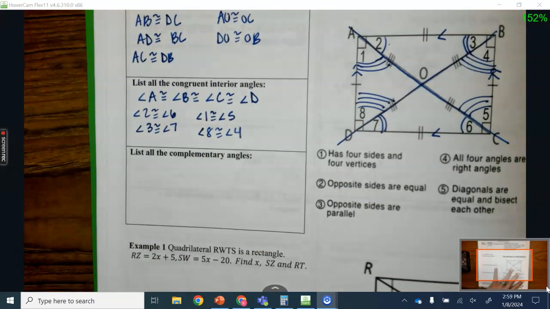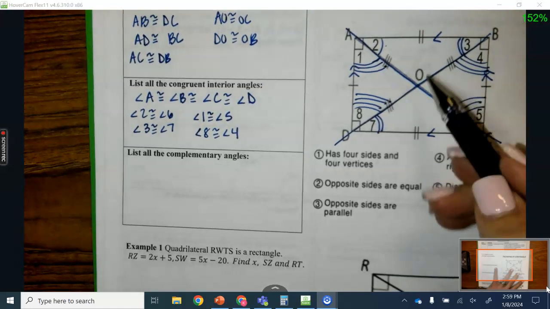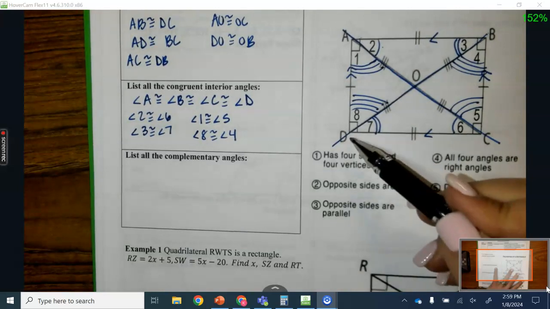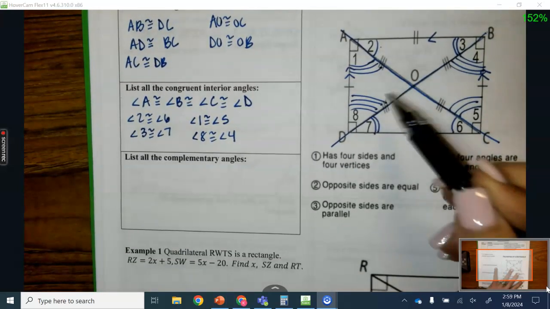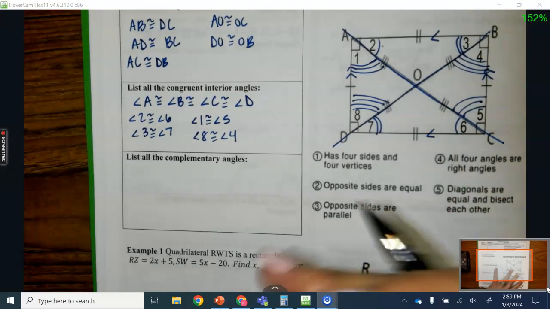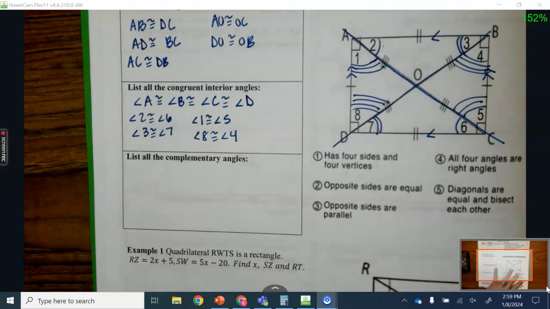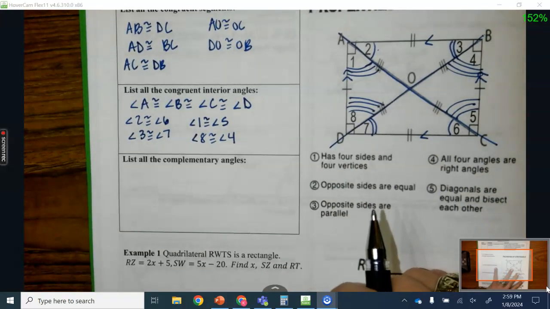Those are my interior angles that are congruent. I could also list AOB and DOC, those are vertical, and AOD and COB, those are also vertical. So make sure you understand that there are multiple relationships with the interior angles in a rectangle, a parallelogram, whichever it is.